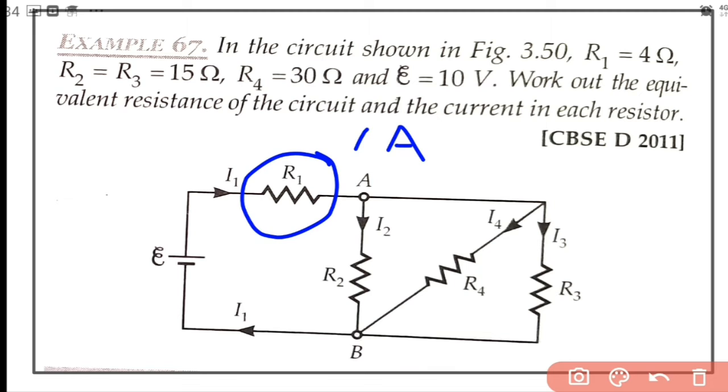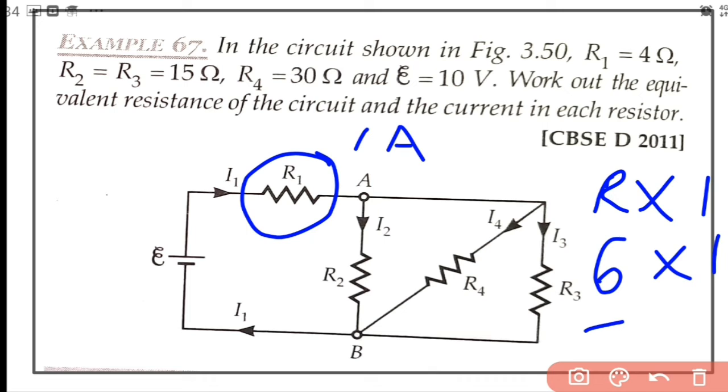What will be the potential difference between A and B? Resistance between A and B into the current. Current is 1. What is resistance between A and B? That is 6 ohm, and current is 1, so it will be 6 volt. So potential difference between A and B is 6 volt. Now each resistor you can take, then its potential difference will be equal to 6 volt. Then you can find the current.